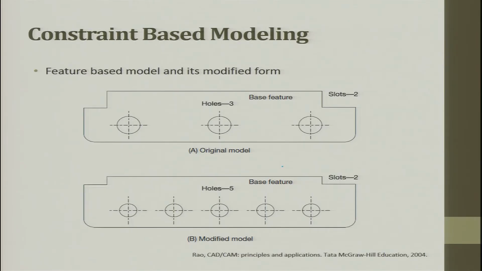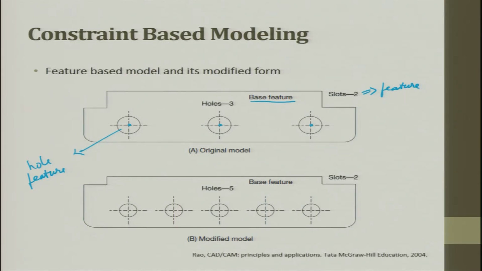So, feature based model and its modification. This is the base feature and this hole is another feature. All you do is take the base feature, take the hole feature and define the locating points, then you get whatever you want. If you want to make a slot, the slot is a third feature. You define the location for the slot, and you get the slots on both the ends.